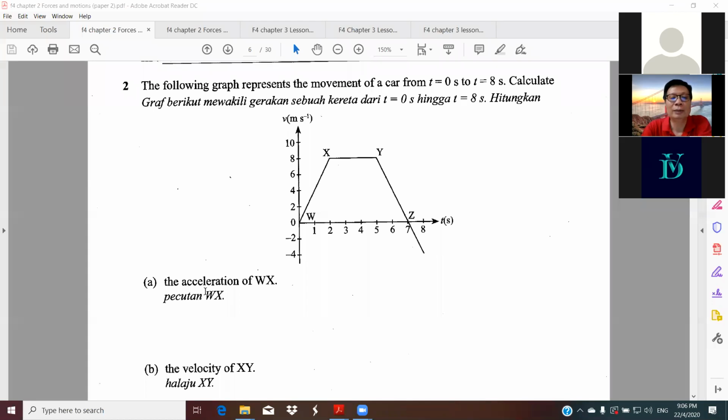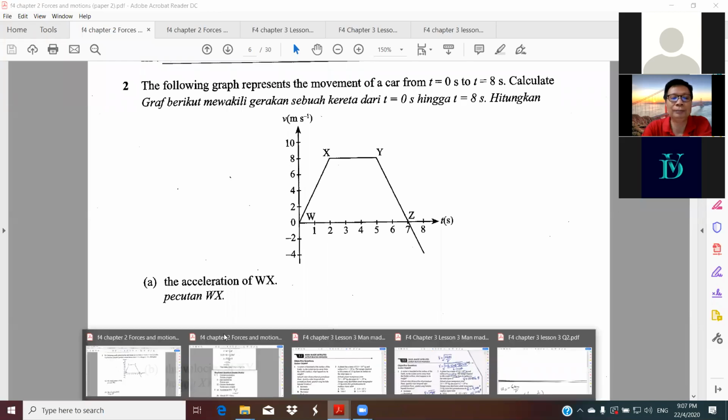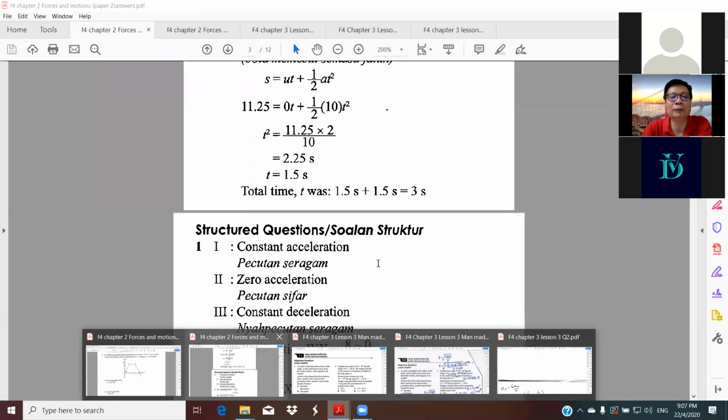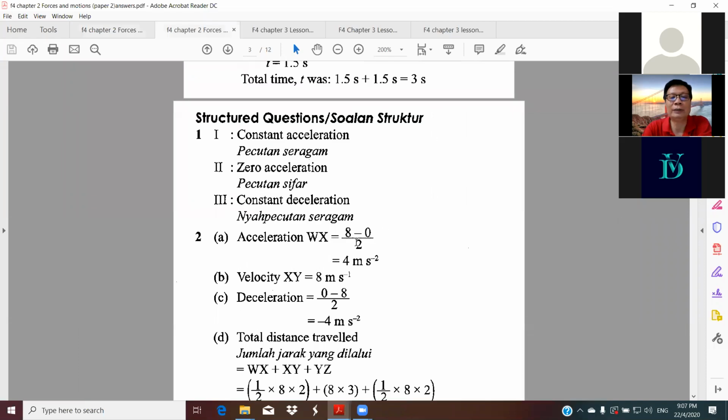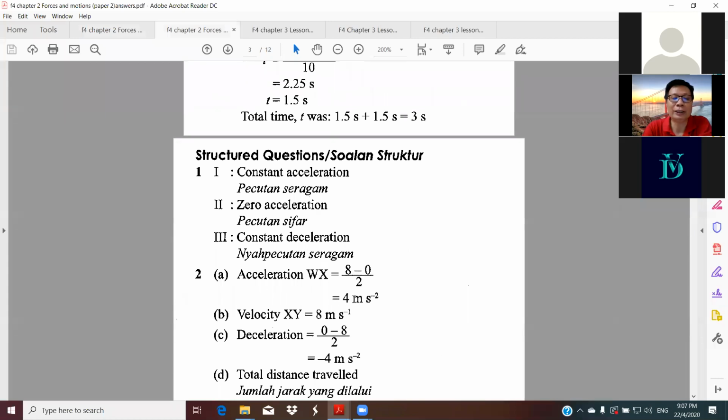Now the question: find the acceleration of WX. To find acceleration, you find the gradient of the graph, so you take this value divided by this value. Here is 8 minus 0, here is 2 minus 0. So 8 minus 0 divided by 2, it's 4. Acceleration is 4.